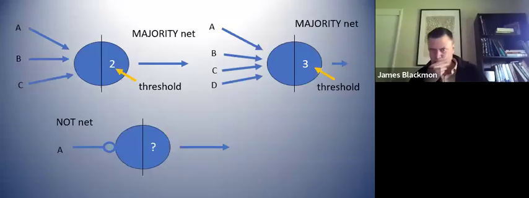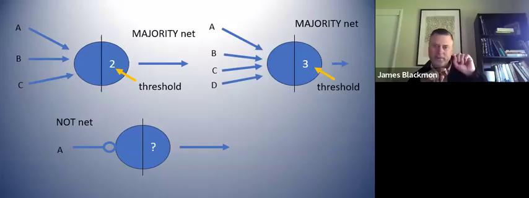Okay. Now, you can do a lot with just activation, ones and zeros, and set the threshold, and keep track of how many inputs you have. Is it just A, or A and B, or is it A, B, C, or A, B, C, D, right? You can do a lot, but you can't do everything in logic. So we need not, and not works differently.